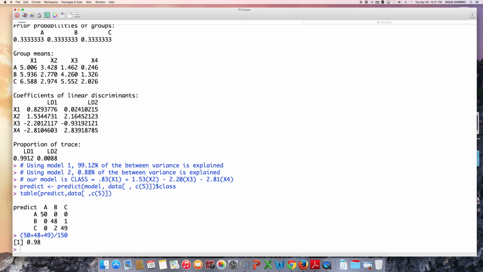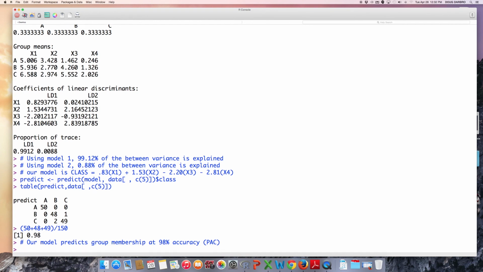So guys, you can see that our model predicts group membership at 98% accuracy. Sometimes this is referred to as PAC, the percentage of accurately classified cases. You see that a lot in SPSS outputs for logistic regression. So that's kind of cool.